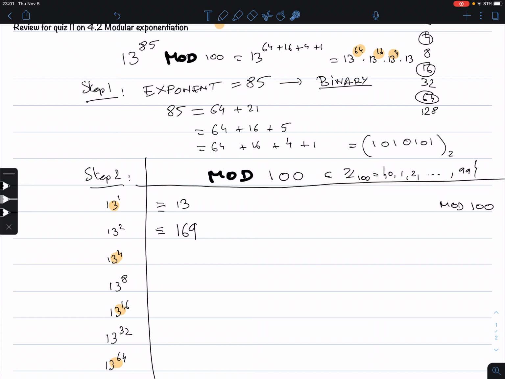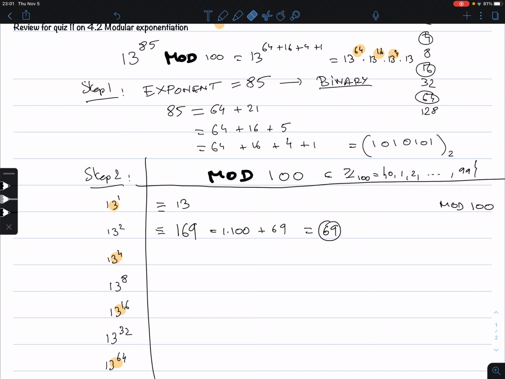The whole point is that we reduce modulo 100. So we find the remainder on division by 100. This is how you do it: you use the division algorithm. It's 1 times 100 plus 69, and so this 69 is the residue, the remainder. Residue is a word that mathematicians use, but that's not for you guys.